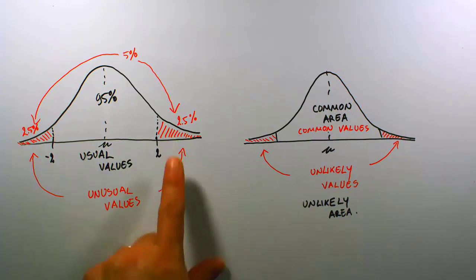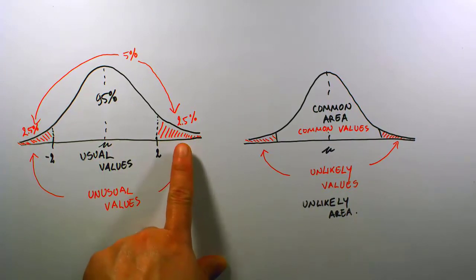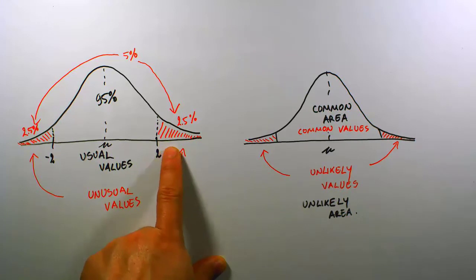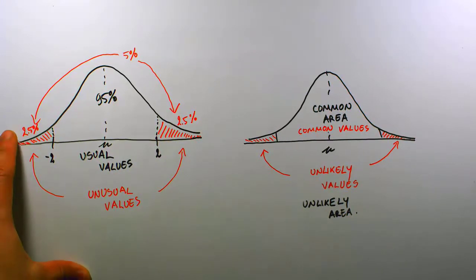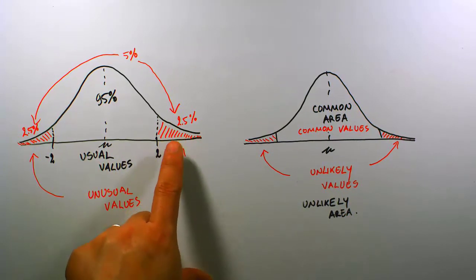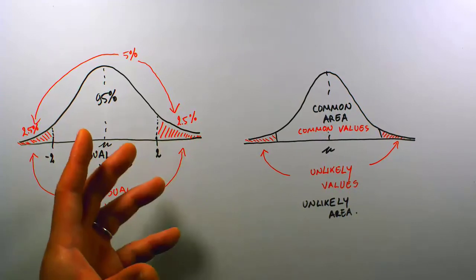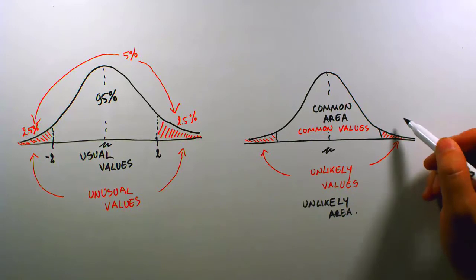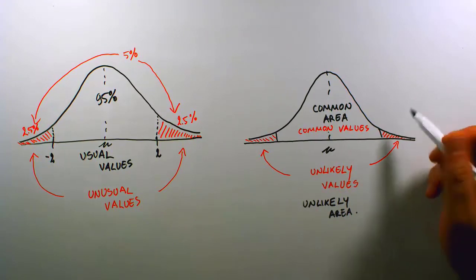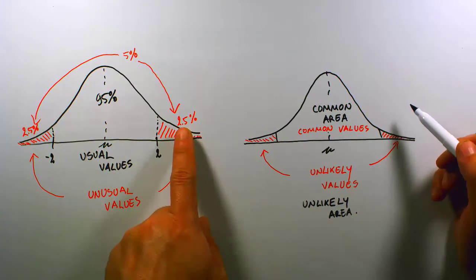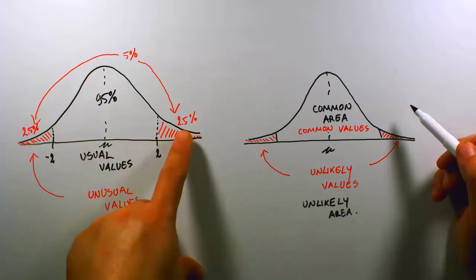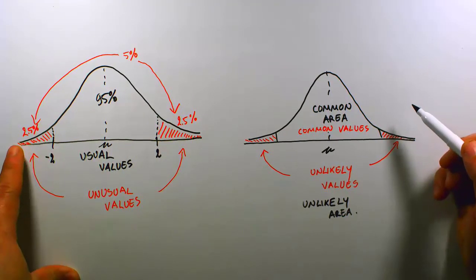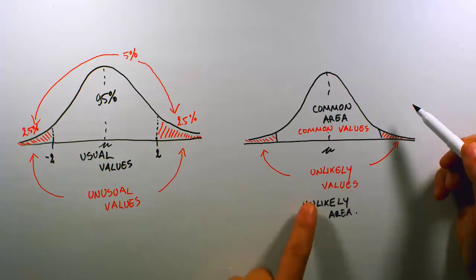And now, relating to the empirical rule that we just briefly recalled, 2.5% being considered a low probability is true only for a good majority of people out there. But for some other people, a probability of 2.5% is still not small enough to be considered unusual or unlikely values.